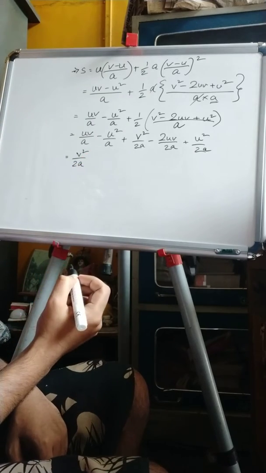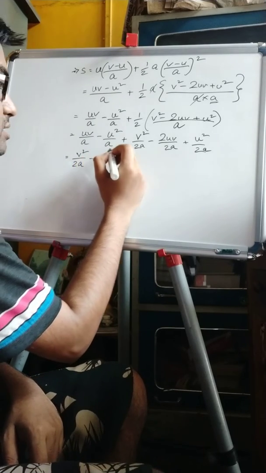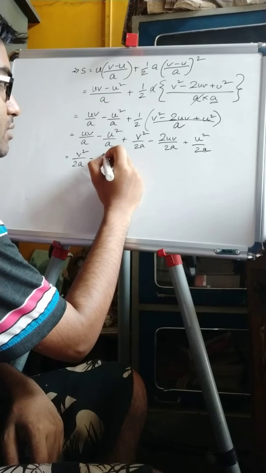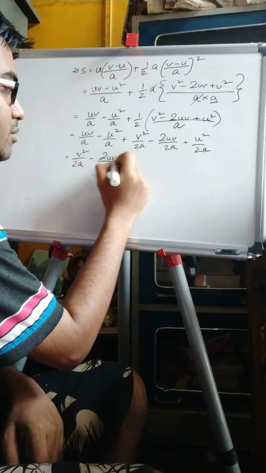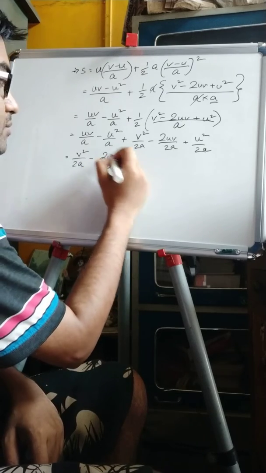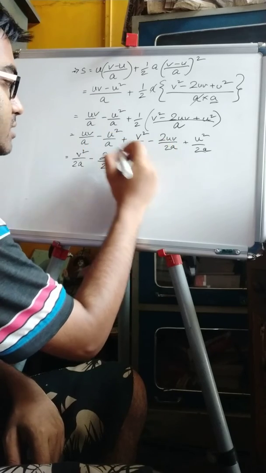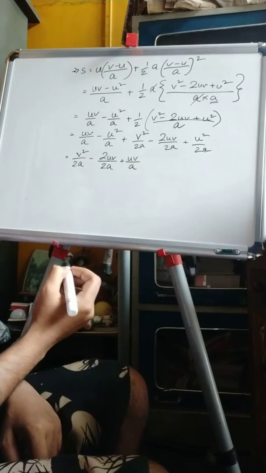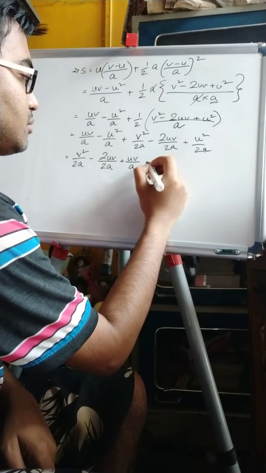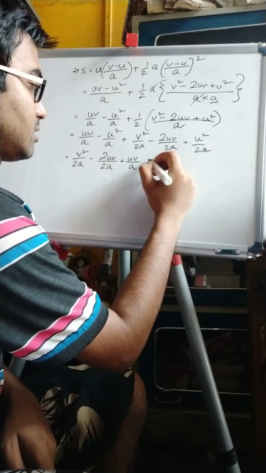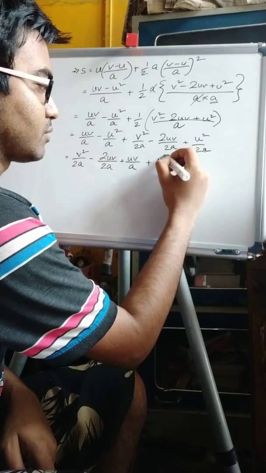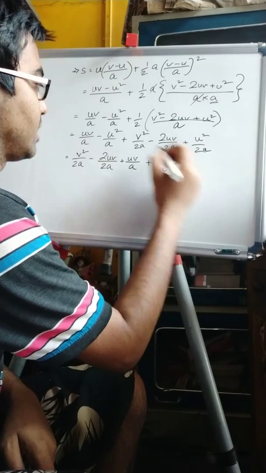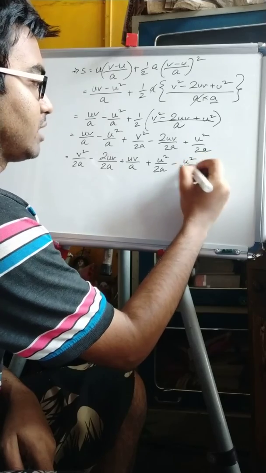Now minus twice of uv by twice a, if we keep it like this, now plus uv by a, again minus, plus u square by twice a minus u square by a.